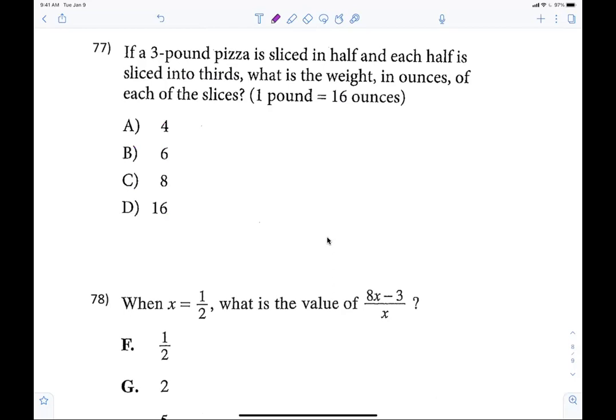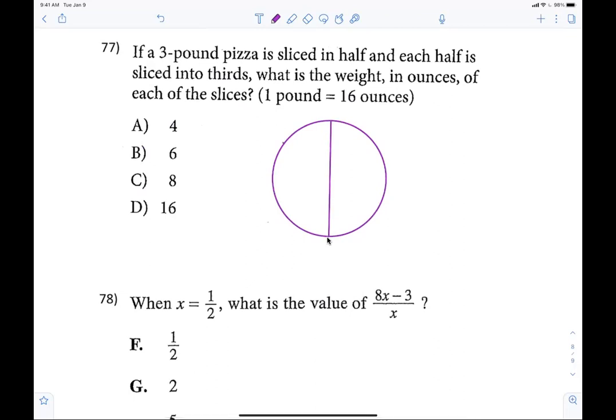You slice it in half, and you slice it into thirds, right? So that means there's going to be how many pieces? You're exactly correct. Just like that. And now what?